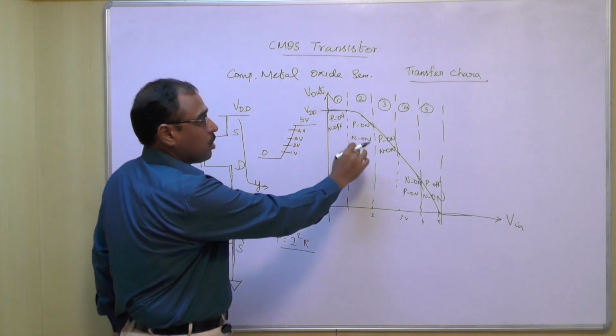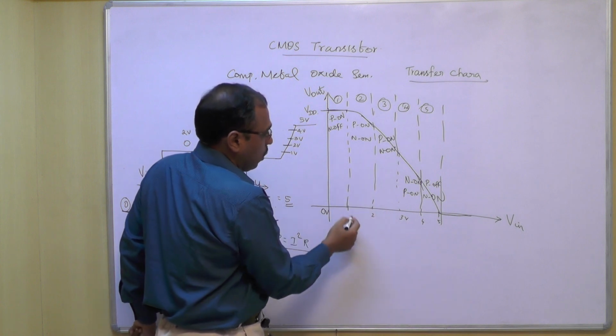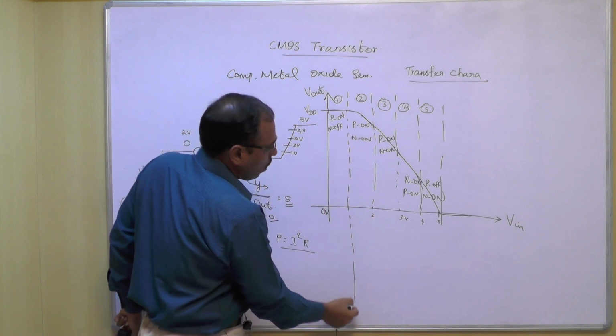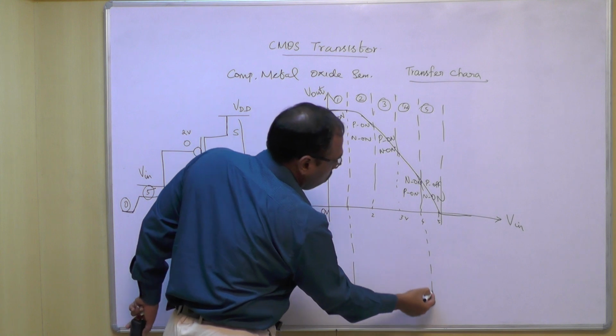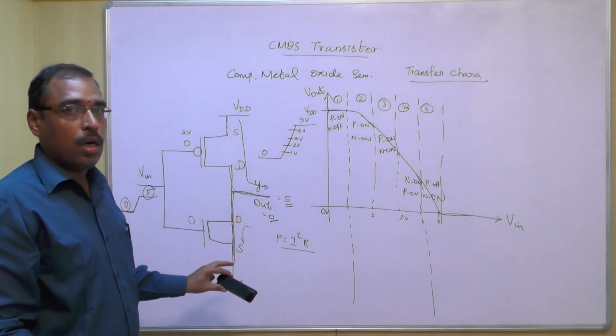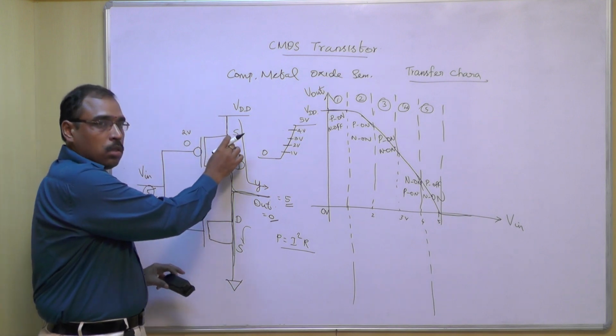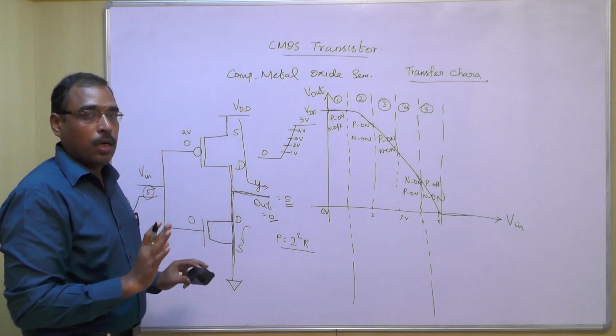When we look at this transfer curve, both transistors are on from region number 2 to region number 4. In the rest of the period, either NMOS is on or PMOS is on.